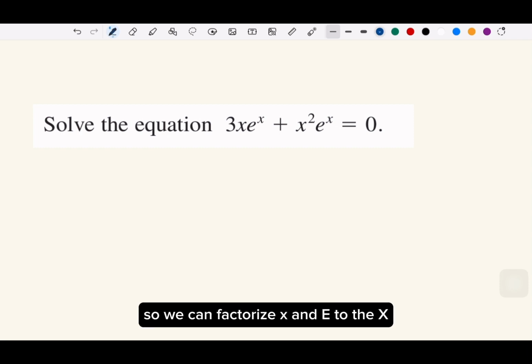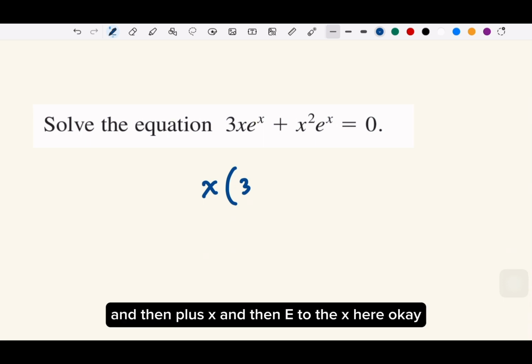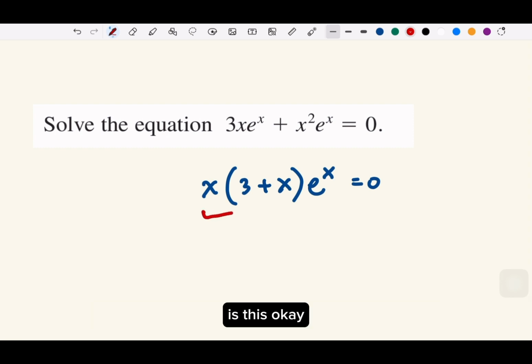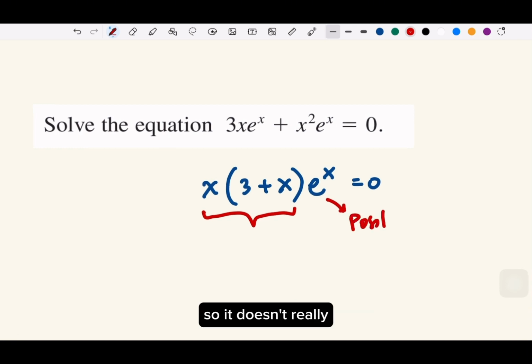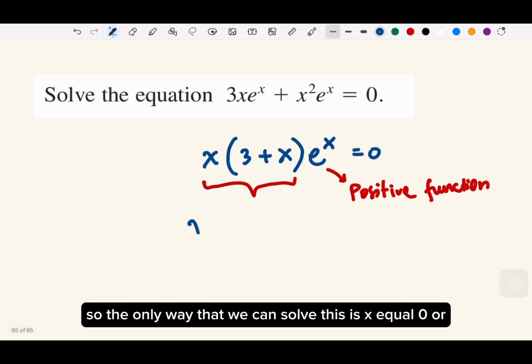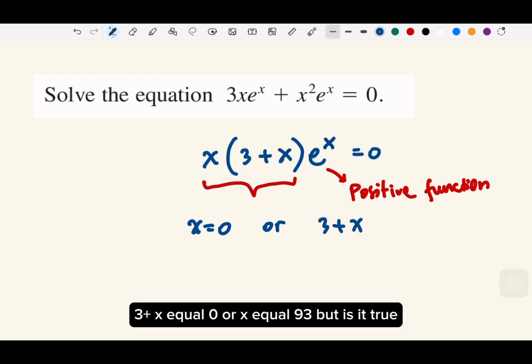So let me write it to make it clearer: x times (3 plus x) times e to the x, and this equals 0. The e to the x is a positive function, so it doesn't have any meaning to make it 0. So the only way to solve this is x equals 0 or 3 plus x equals 0, so x equals -3. But is it true? Then we need to check.